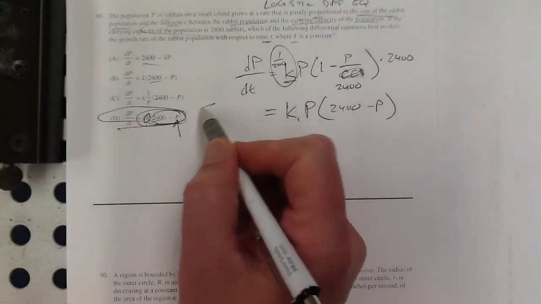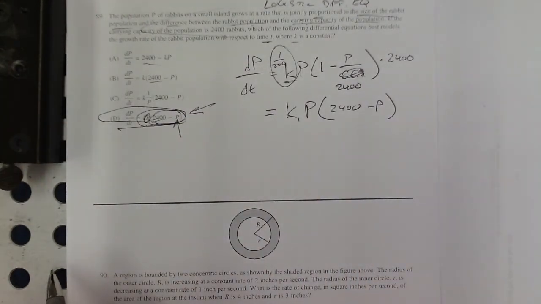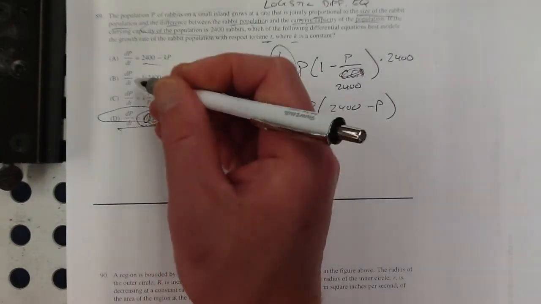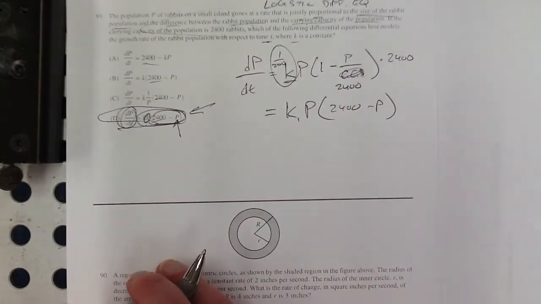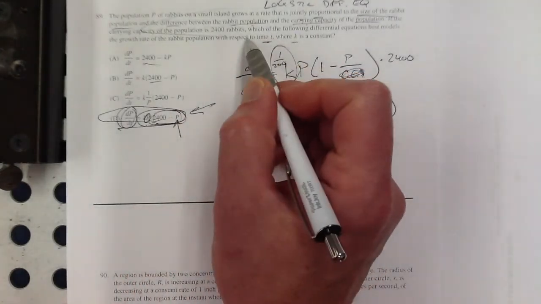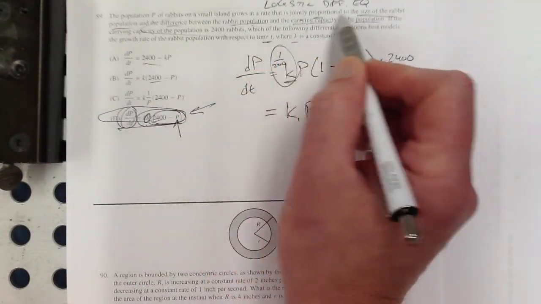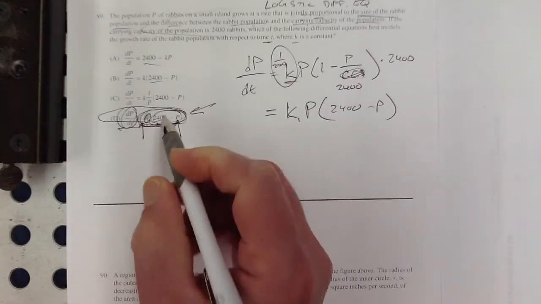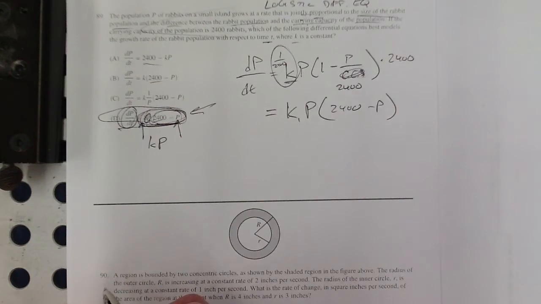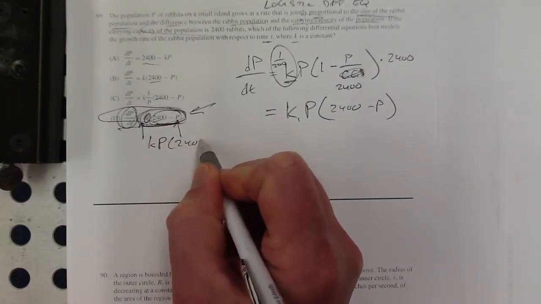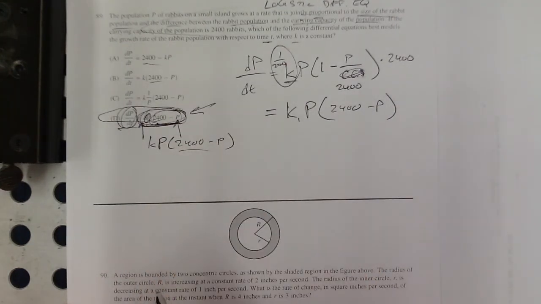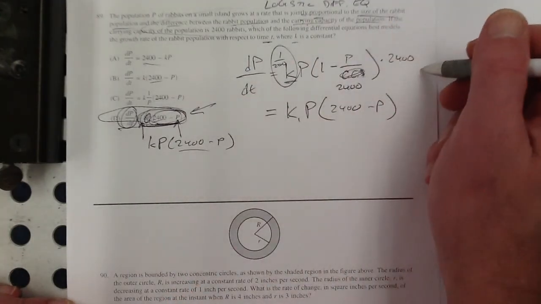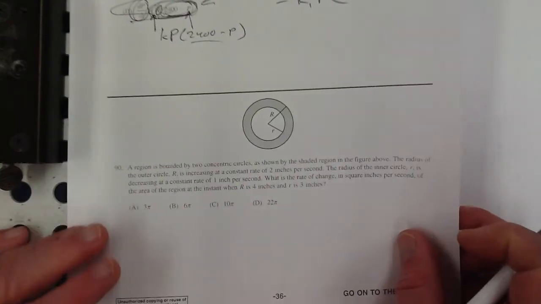This is the only one that does that. In Algebra 2, you probably had the vocabulary to understand this part of it. There's your constant of proportionality, there's the population, and there's the difference between the population and the carrying capacity. So, pretty straightforward. Maybe that's easier than what I did here, but either way.